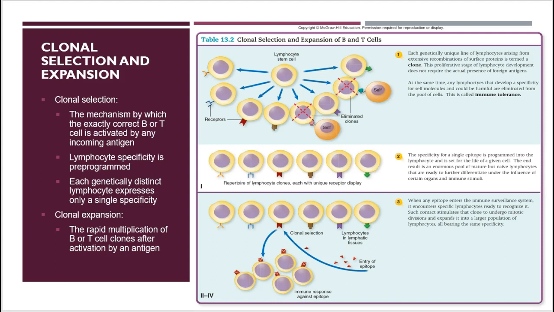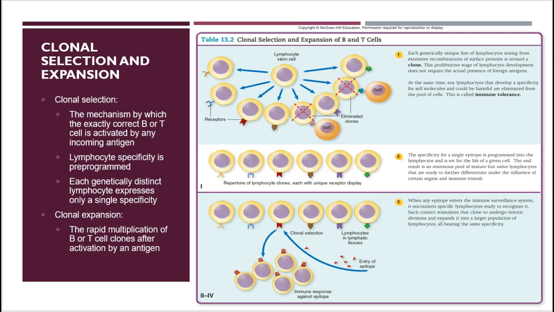The issue that presents itself in this hypothesis is the possibility that a B cell or a T cell, because of the variability of the gene segments in the variable region of that receptor, could result in a B or T cell that recognizes self.